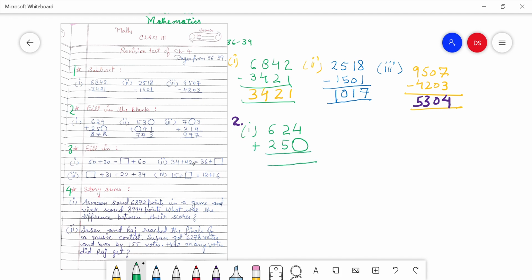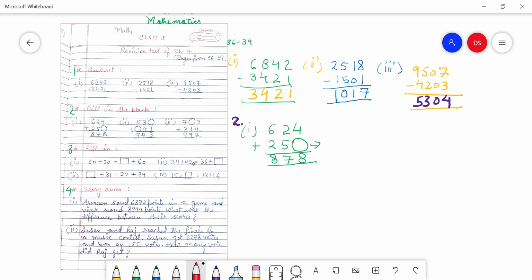Here it is a plus operator. The answer is 878. So children, as we have one blank here, we have one number. When we have one number and the answer, we can get the other number. Here we have to find the other number.